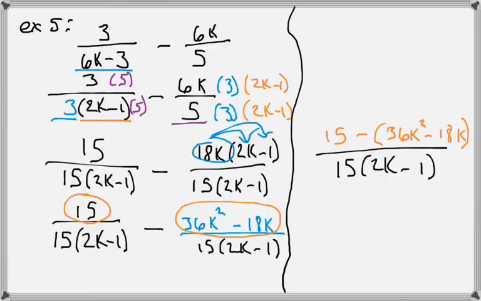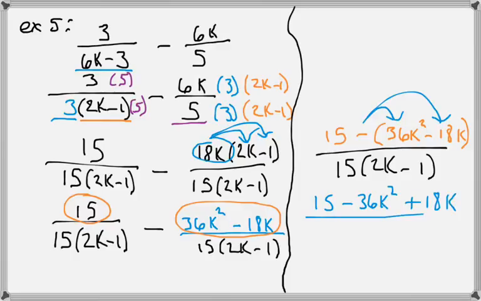Now I need to distribute. I still have that parenthesis to deal with, so I can go ahead and distribute that negative to both of these, leaving me with a 15 minus 36k squared and a plus 18k all over a 15 (2k minus 1). Now if we look at that numerator, it's not in standard form, so I'm going to go ahead and rewrite that and put it in standard form.